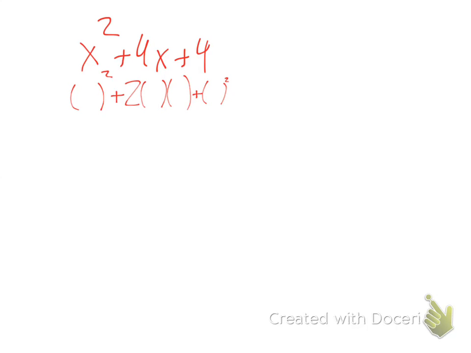And this is where steps 2 and 3 come into play. So I look at x squared. What's squared to give me x squared? X. Moving all the way to the end, what's squared gives me 4? 2. I am then going to take those values and move them in. X and 2.